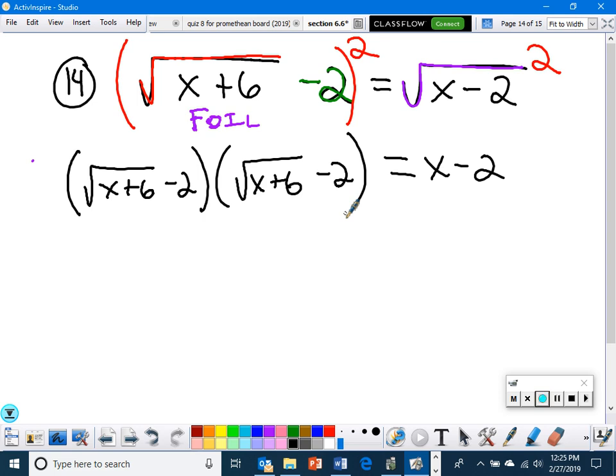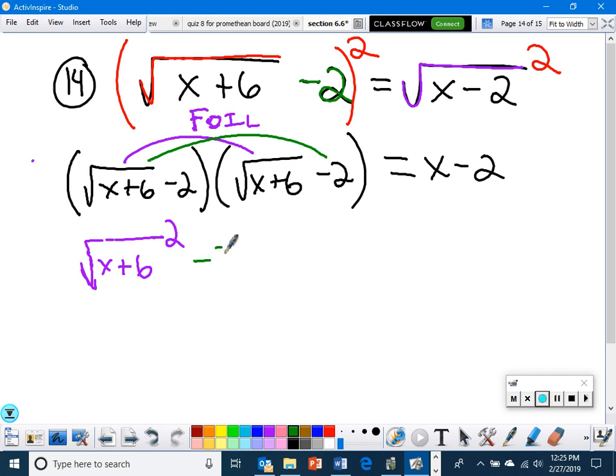Now, okay, here we go. So the first terms, when we multiply them together, this is what we get: x plus 6 squared. Now, the outside terms, let's use green.